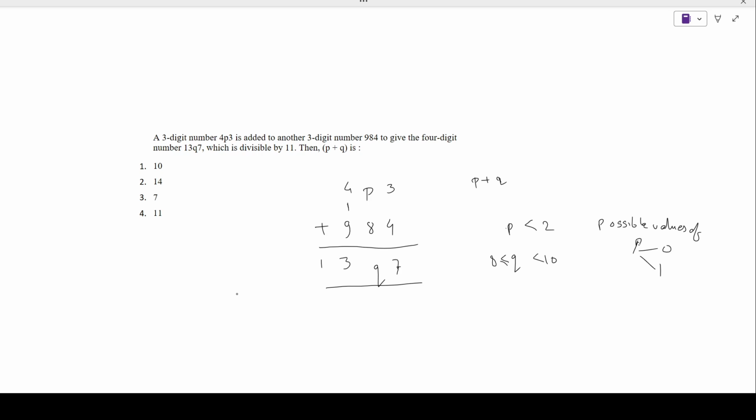So if we see the divisibility rule of 11, the difference between the sum of digits at odd places and the sum of digits at even places is divisible by 11 or equal to 0. Here we have 1 plus q and 7 plus 3.